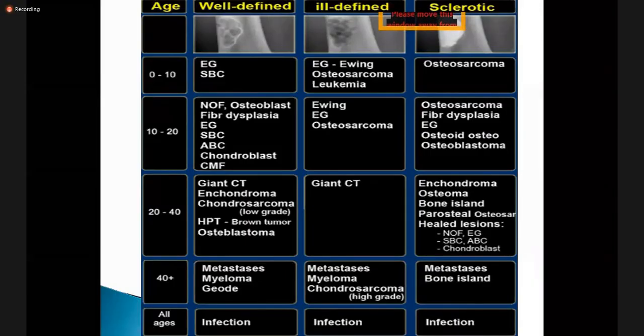This is the table which shows the multiple lesions with a well-defined margin, ill-defined margin, or sclerotic lesion.